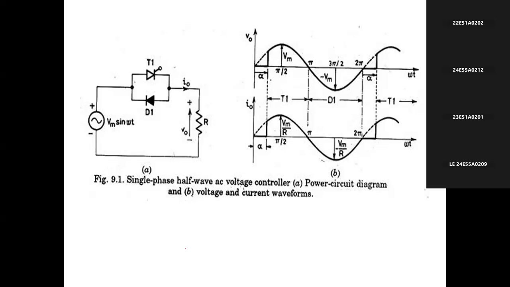Who is 207? 23 series. 22 series 236. Are you there? Not there. Okay. 208.